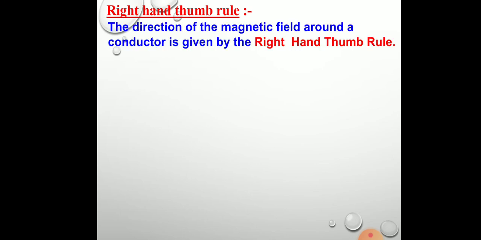In order to determine the direction of the magnetic field in the case of a straight conductor, we use a rule known as the right hand thumb rule. So what is the rule? This right hand thumb rule is used to find the direction of the magnetic field around a conductor.